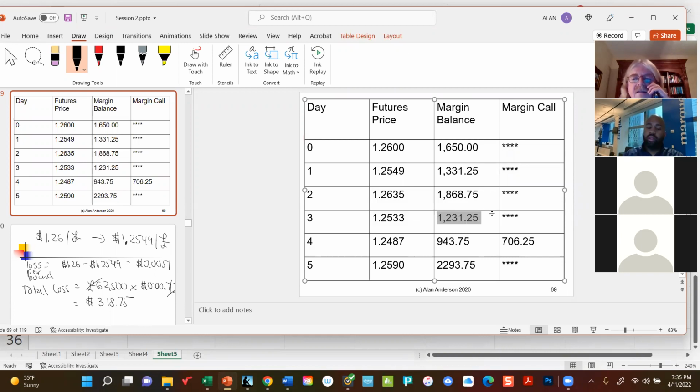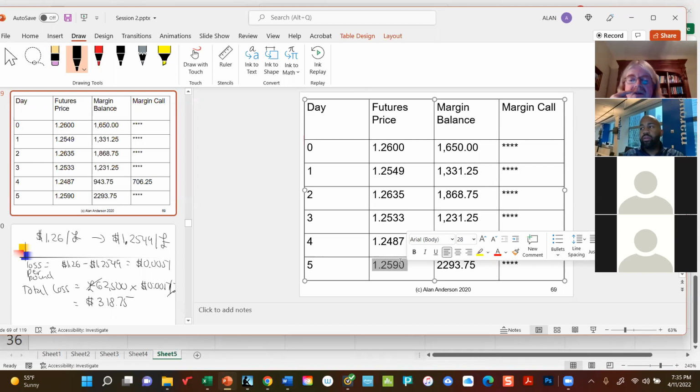And then, guess what happens? The price falls so far, I'm dropping below 1,000. I have to restore the account to 1,650. That will require a deposit of 706.25. So then the next day, the price goes to 1.2590.